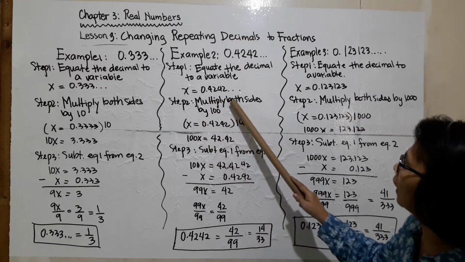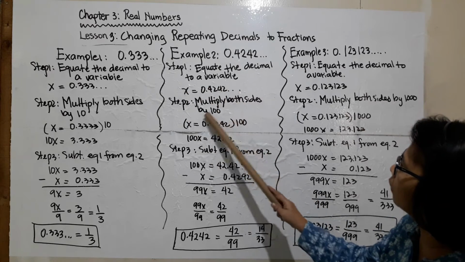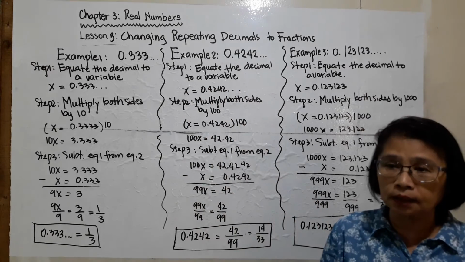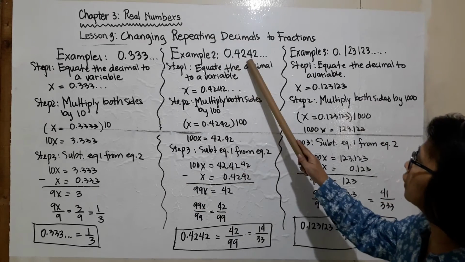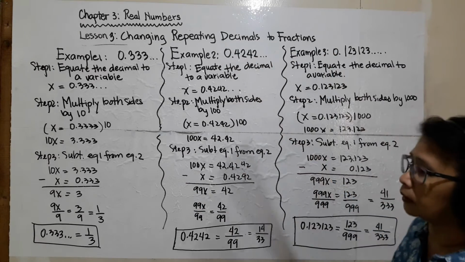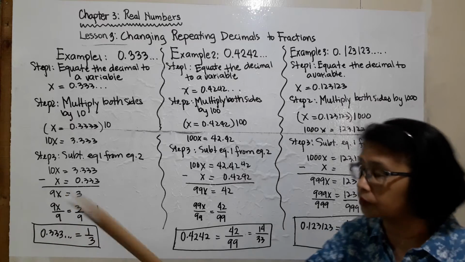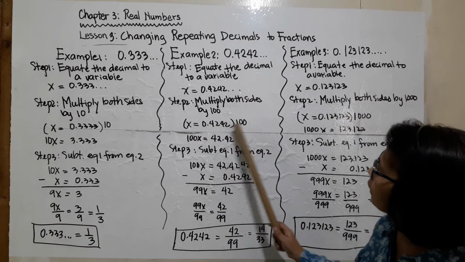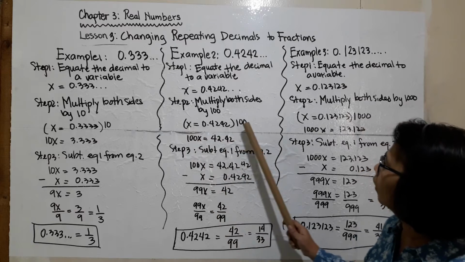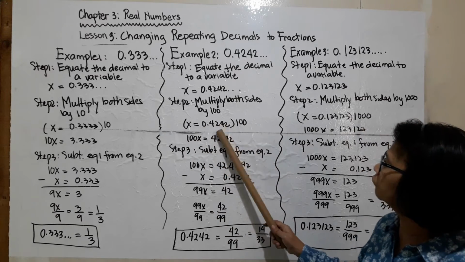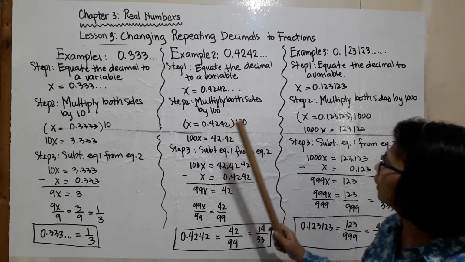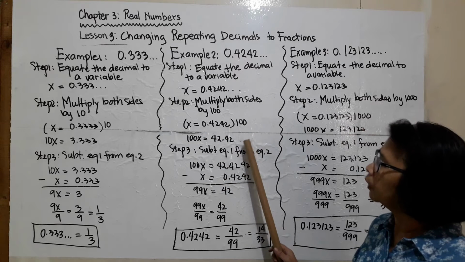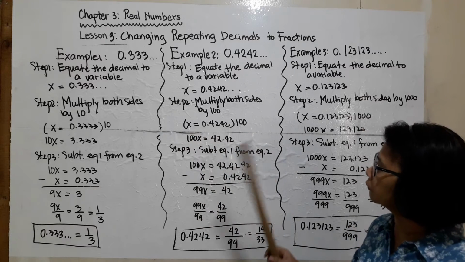Step 2, multiply both sides of equation 1 by 100. Why by 100? Because there are two digits that keep on repeating, and 100 has two zeros. Okay? So multiply by 100 both sides. 100 times x or 100x. 0.4242 times 100 equals 42.42. This will be equation 2.